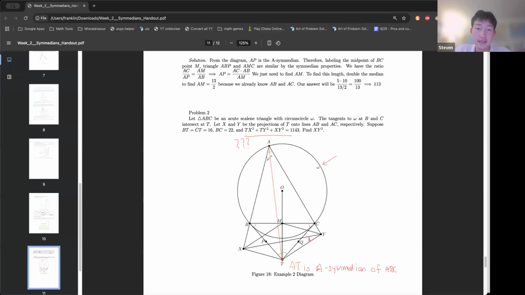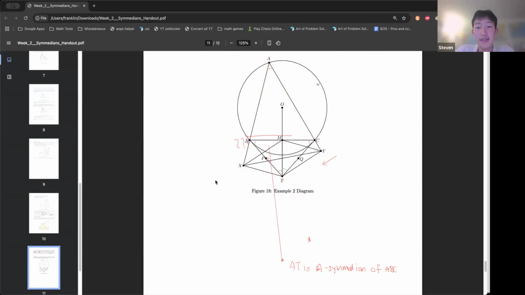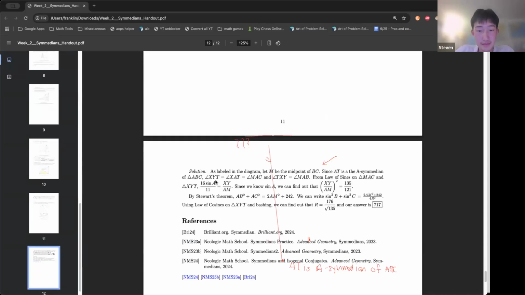After that, it's going to be the algebra work. You just finished the cool geometry part, and now you're going to do a lot of similarity between triangle MAC and triangle XYT, and you get an expression. Scroll down a little, please, Franklin, to the solution. 16 times sine A over 11 is equal to XY over AM.